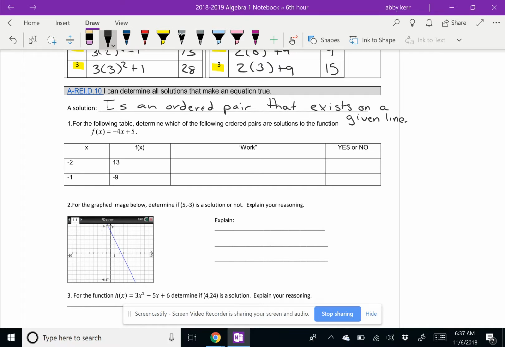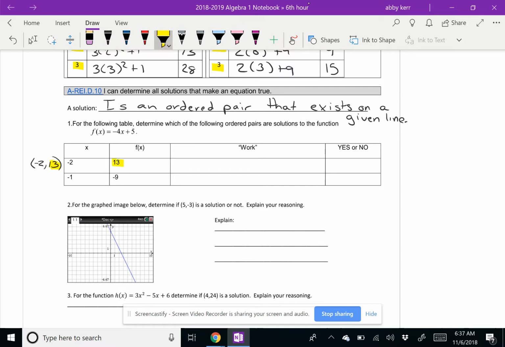Now notice it says for the following table, determine whether or not the following ordered pairs are solutions to the function. So we have an x comma y, which you could write as -2 comma 13.